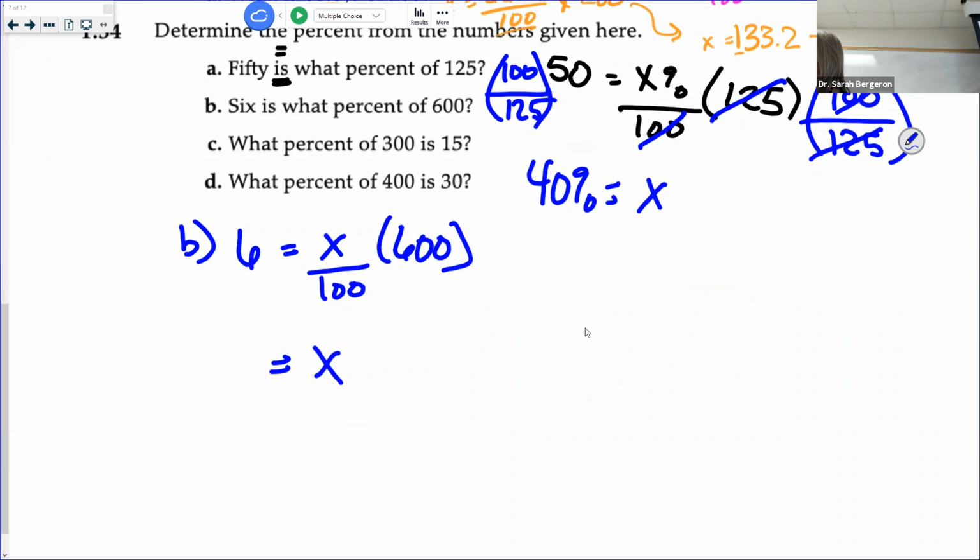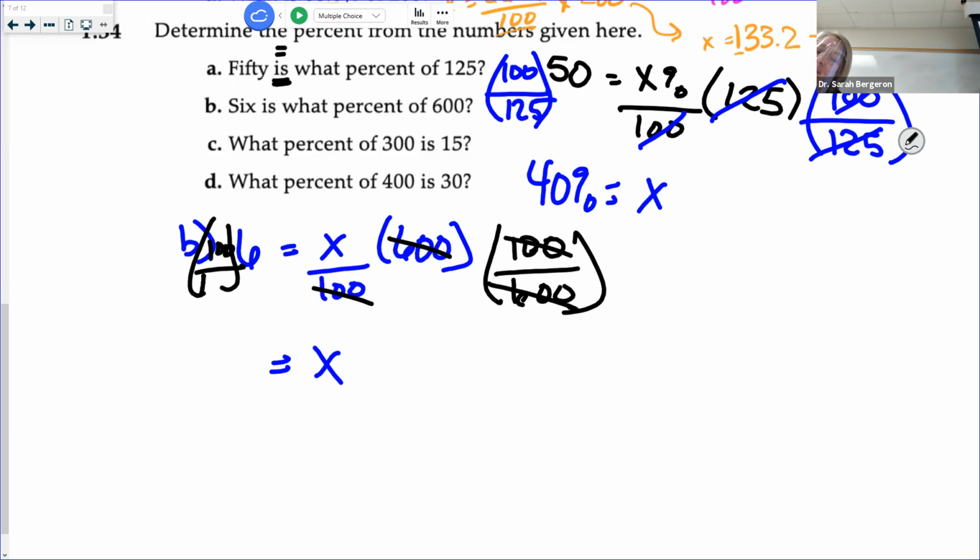What do you get? 600 cancels, 100 cancels. You do 100 over 600. So 100 times 6 is 600 divided by 600. What do you get? 1. However you like to do that.